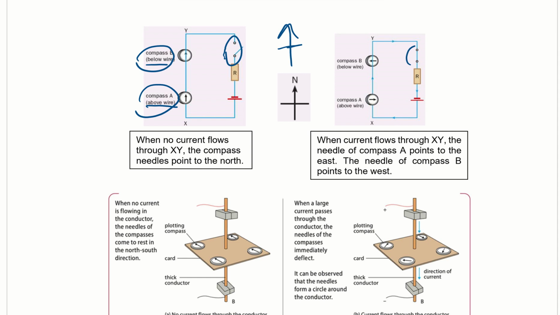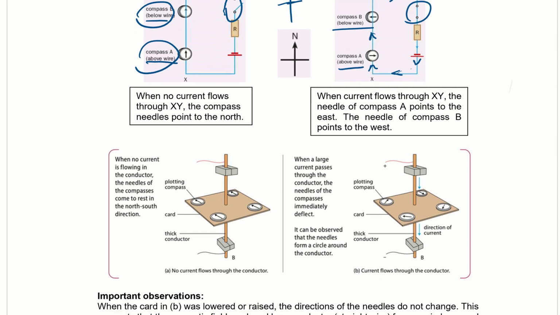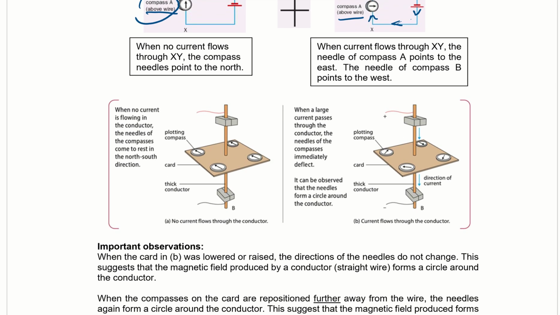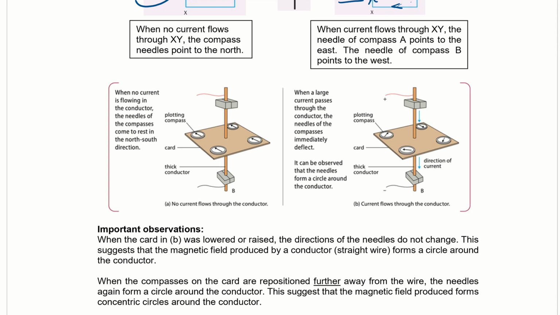However, when the switch is now closed, the current flows out from the positive terminal, through this straight wire. You'll find that both compasses are pointing in opposite directions. Later I'll explain why. And this is another view, a 3D view.